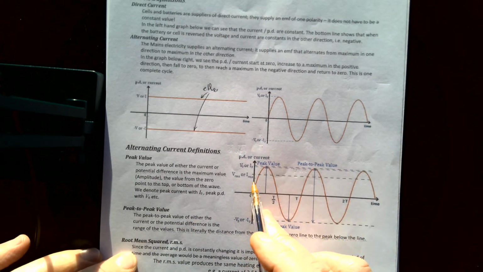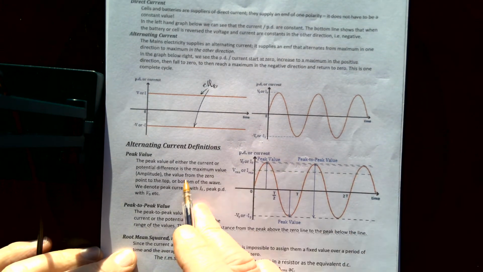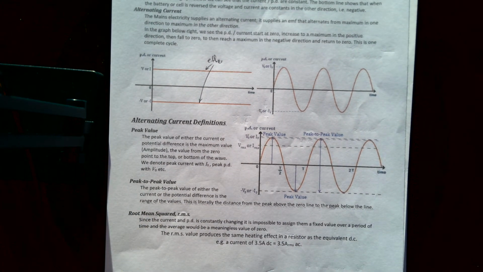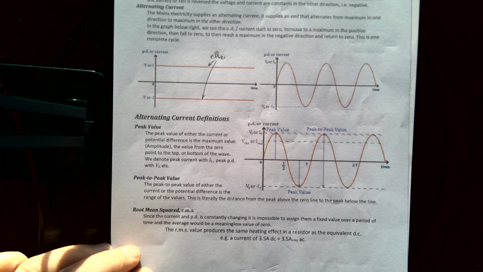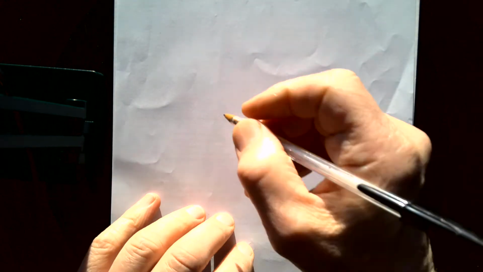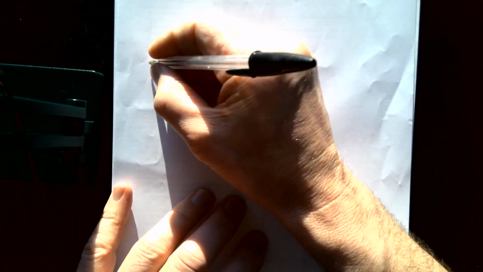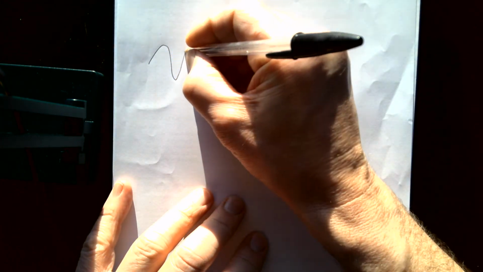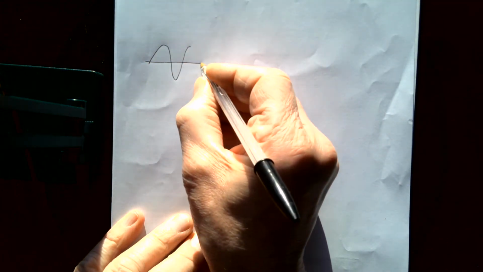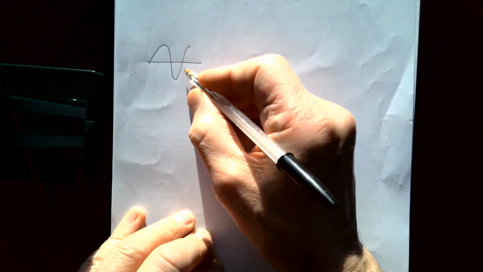Now, the peak value obviously links in, and most of this I think is fairly explanatory. However, we get the idea of root mean squared, and I think this is a really nice way of showing what RMS means as well. So, for example, let me just get a sheet of paper. Imagine you could do this: if you had your sinusoidal wave, and you stuck it through a machine that magically ignored the negative.